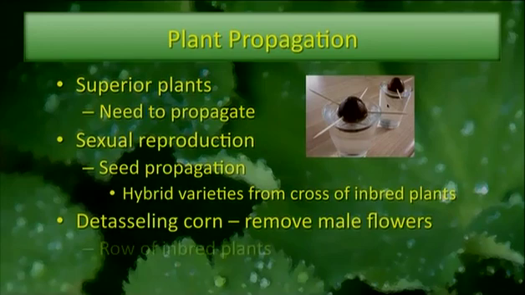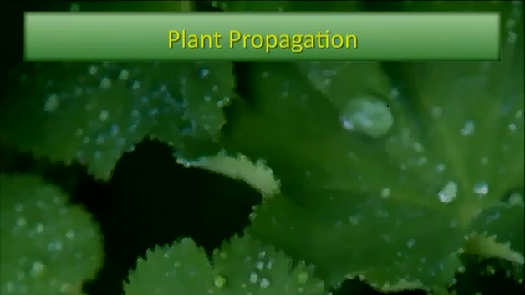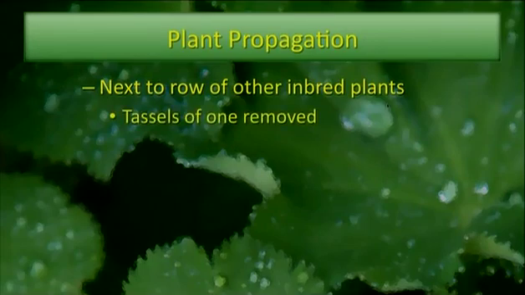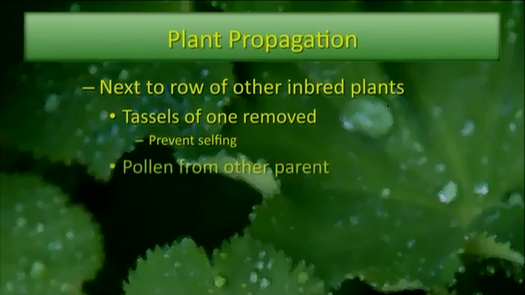Then you have a row of inbred plants, next to a row of another type of inbred plant. The tassels of one are removed, and that prevents it from selfing its own ear. Then pollen comes from the other parent, carried by the wind, because of course grasses are wind pollinated.